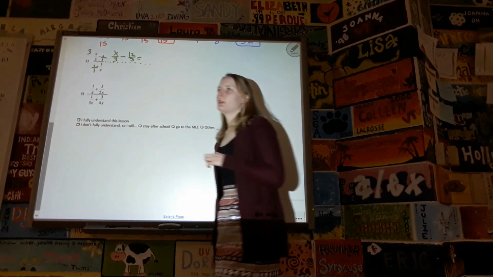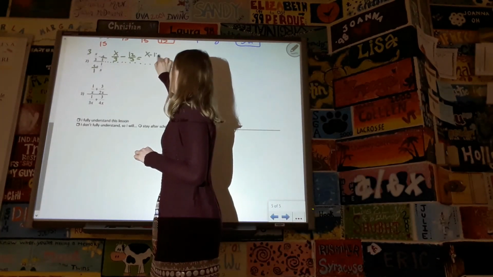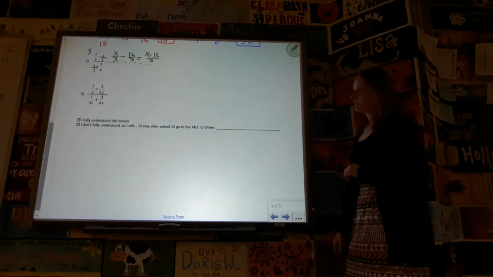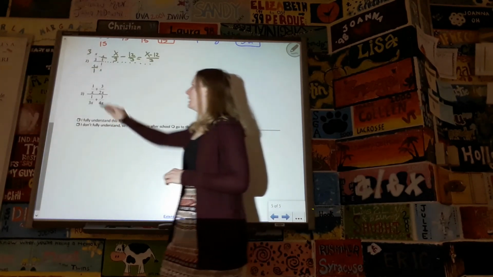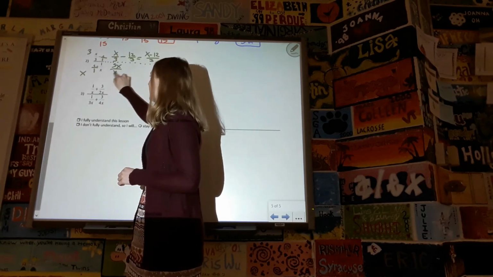When I actually subtract those, what would the expression be? X minus 12. Right, because they're not like terms, so I have to leave it as an expression. Alright, for the bottom set, the least common denominator would be x. So they multiply the first fraction by x.